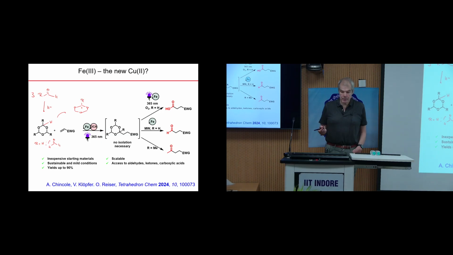And now we did the same type of chemistry. Again, we used iron 3 chloride. And in this case, we're again using an anthracene. I don't really know why. We tried this, and my co-workers were assuring me that in this case, the dicyanoanthracene worked better for them.